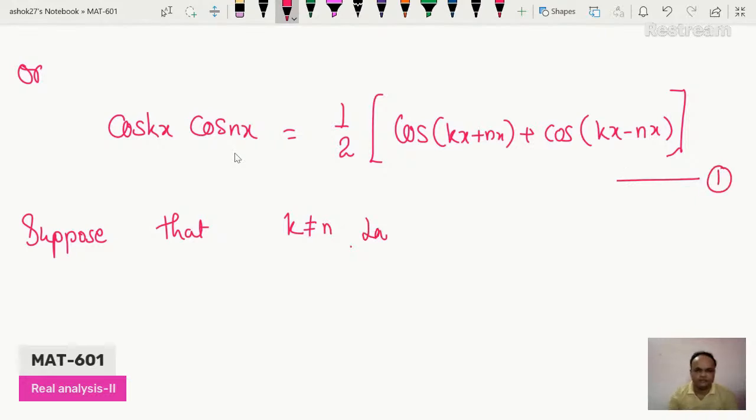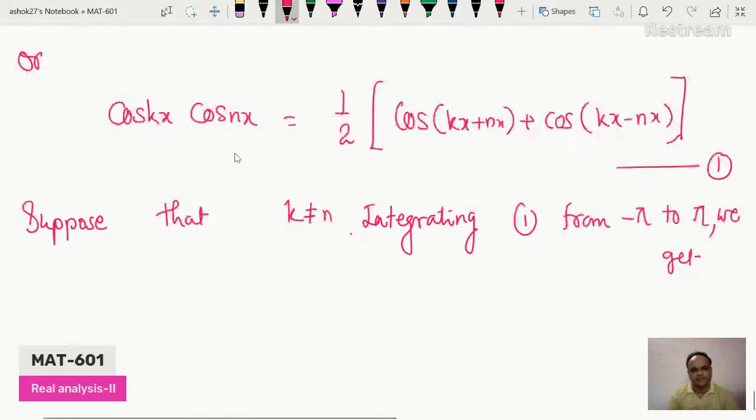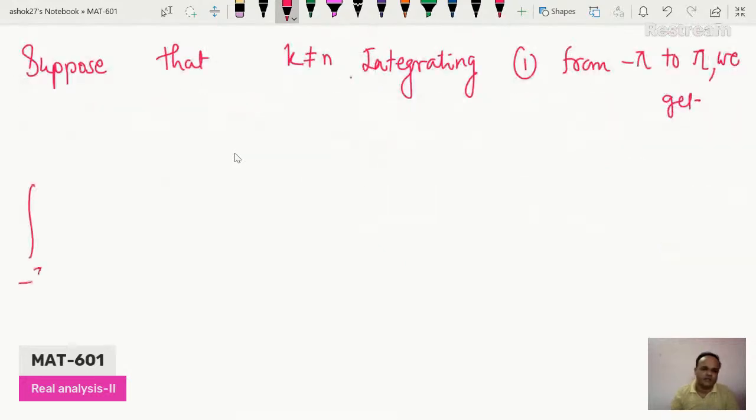So integrating 1 from minus pi to plus pi, what do we get? It will be the integration from minus pi to pi of cos kx into cos nx dx.